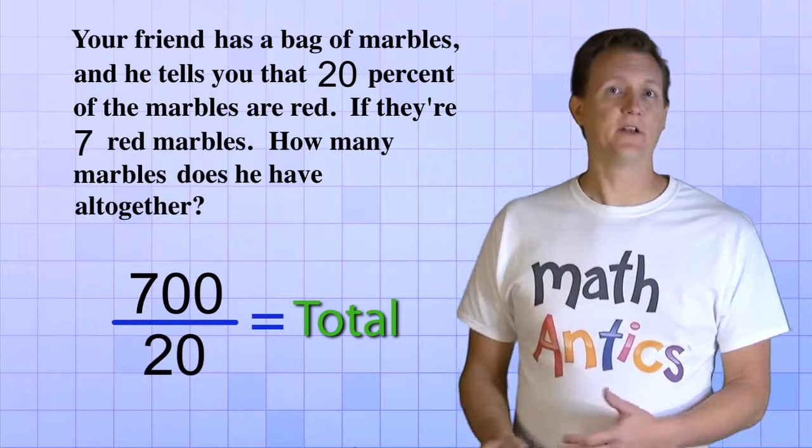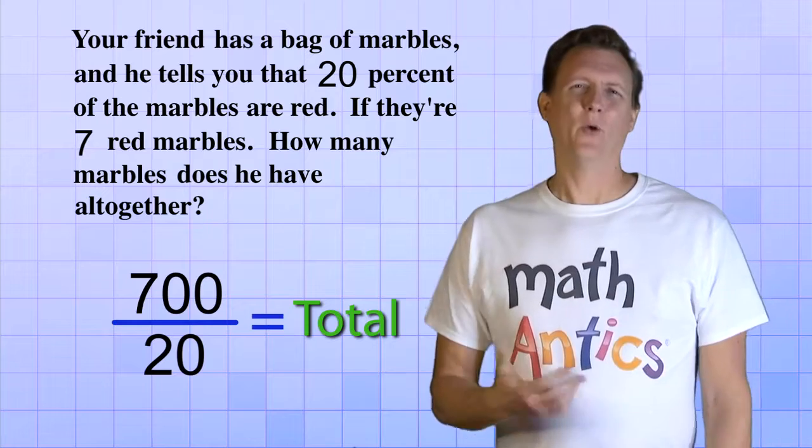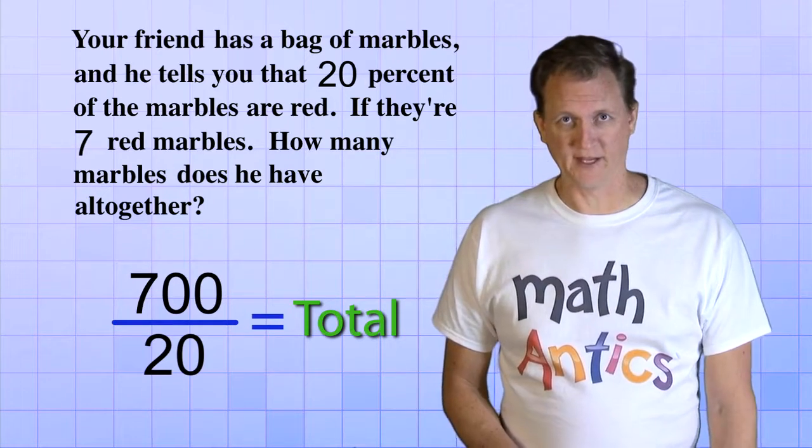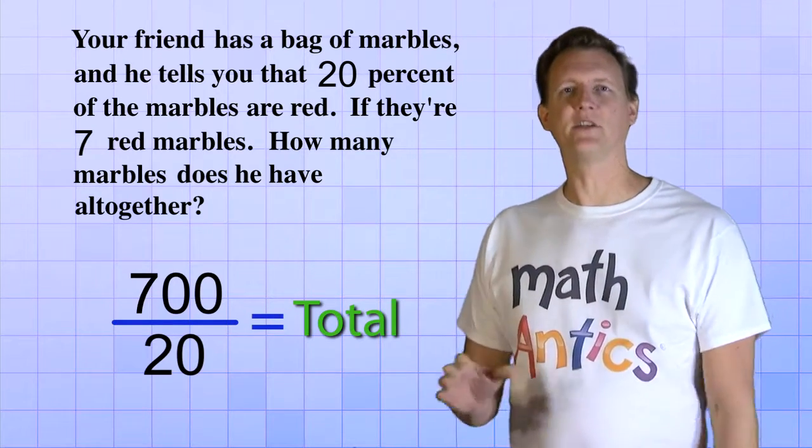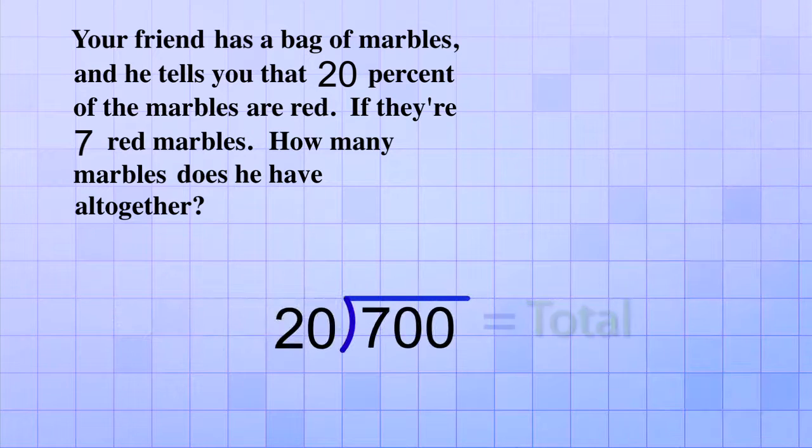Okay, 700 divided by 20. Well, we could use a calculator to divide, but this doesn't seem too hard, so I'll just do the division the long way. 20 is too big to divide into the first digit, 7, so we'll need to include the digit next to it as well. Now we ask, how many 20s does it take to make 70 or almost 70?